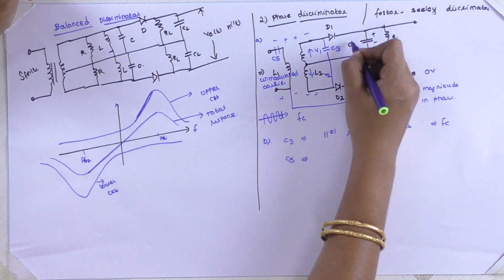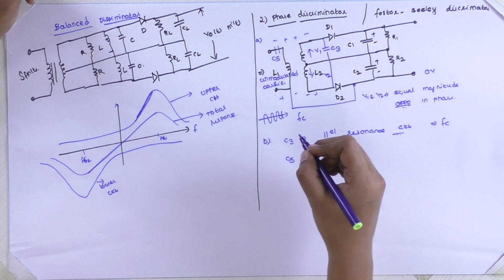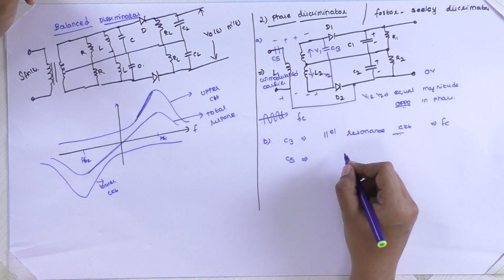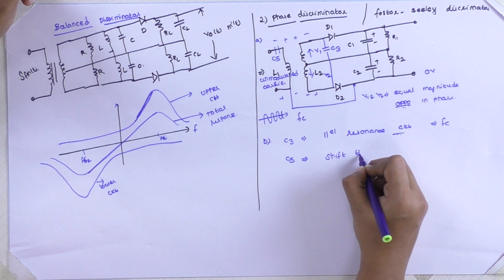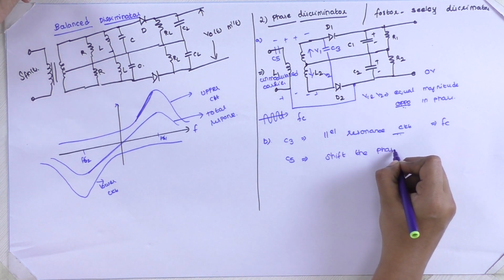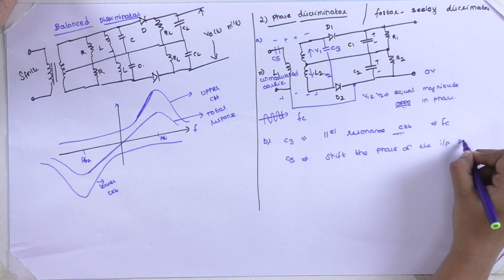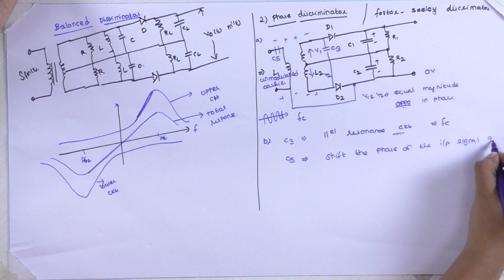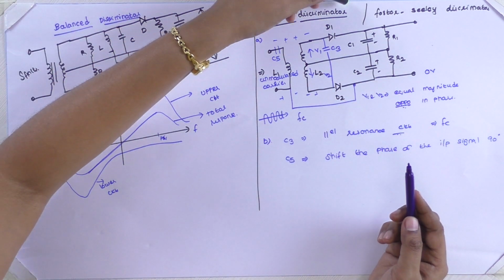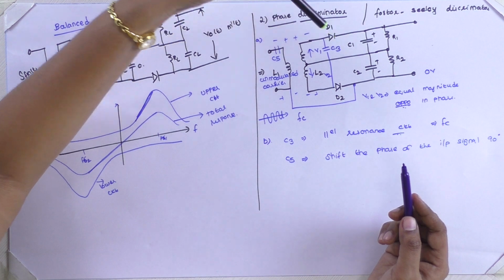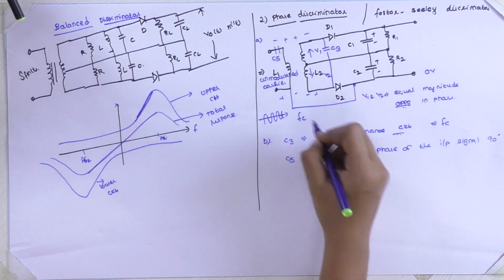And C5 will shift the phase of the input signal by 90 degrees, whatever your input signal may be. Therefore, the purpose of C3 is to act as a resonance circuit with center frequency FC, and C5 will shift the phase of the input signal by 90 degrees.